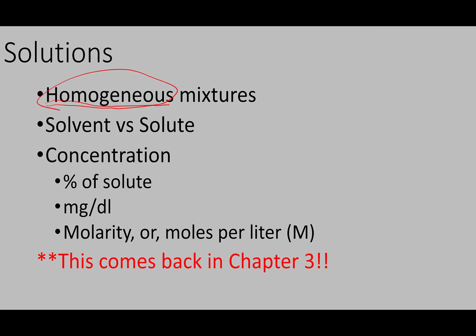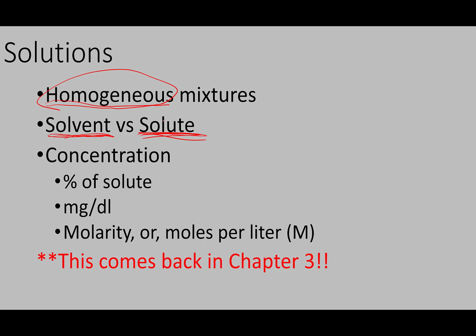It's the same throughout. And we've discussed solvent and solute. Solvent is the larger portion. It's what does the dissolving. And again, like we said, it's usually water. Not always, but usually. And solutes are what are dissolved. They are the smaller pieces. And when we talk about solutions, we usually talk about it in concentration form.